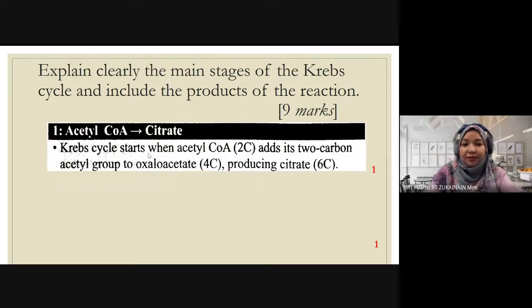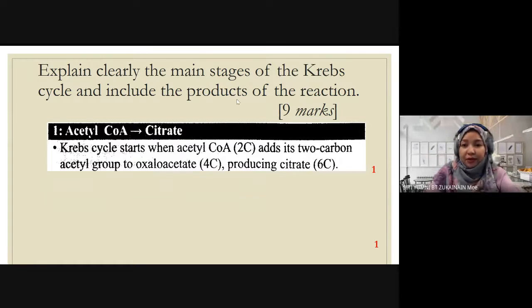Krebs cycle starts when acetyl-CoA, 2 carbon, adds its 2 carbon acetyl group to oxaloacetate, 4 carbon, producing citrate, 6 carbon. So remember, the first stage in the Krebs cycle is acetyl-CoA to citrate.